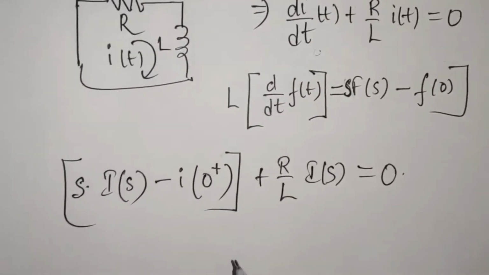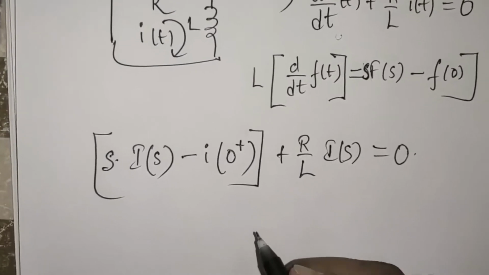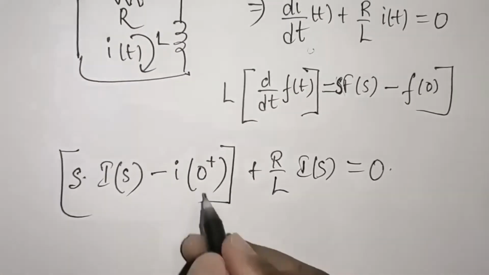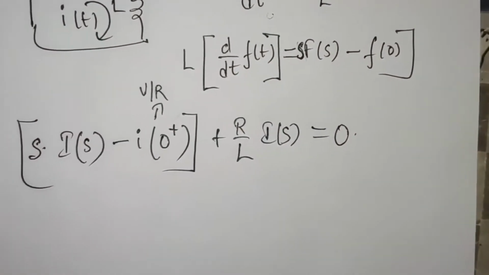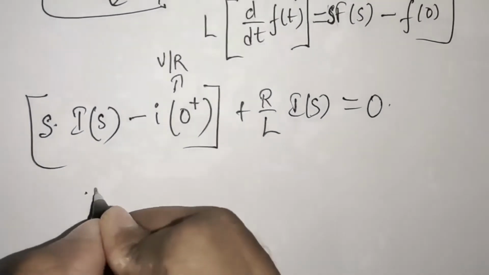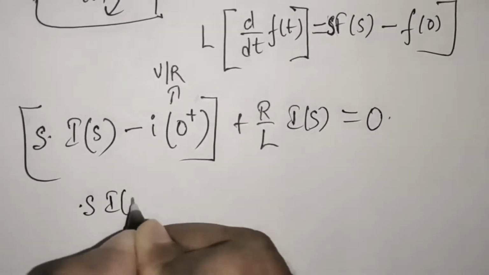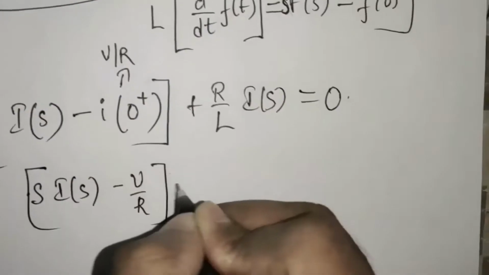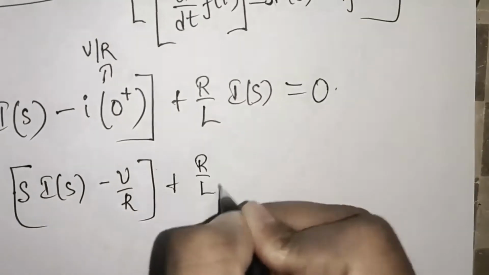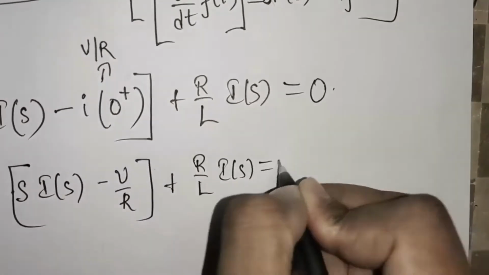The I of 0 plus value we know is nothing but V by R. So the above expression is s into I of s minus V by R plus R by L into I of s is equal to 0.